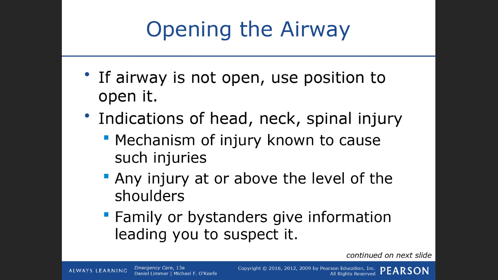Localized meaning, was it specific to one point of the body? Once a mechanism is considered diffused, you must suspect spinal injury for your patient until it is ruled out. If the mechanism is localized, then you focus on the point of injury.